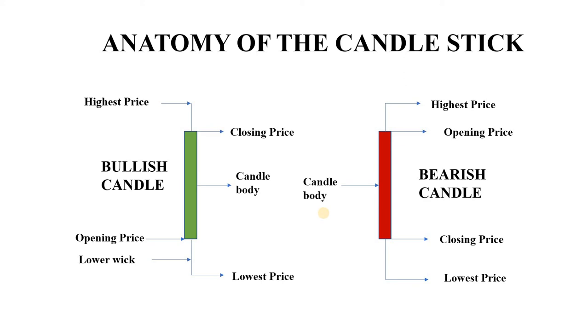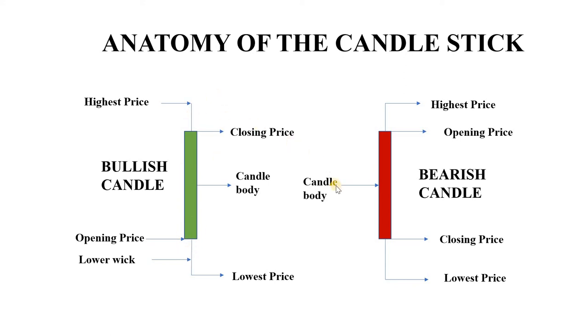So when you open any chart, you have to look out for a bullish candlestick and then the bearish candlestick, and then you should be able to know where price opened, where price closed, where the highest price came, and where the lowest price came. And these are the shadows, the lower shadow and the upper shadow, or the lower wick and then the upper wick.